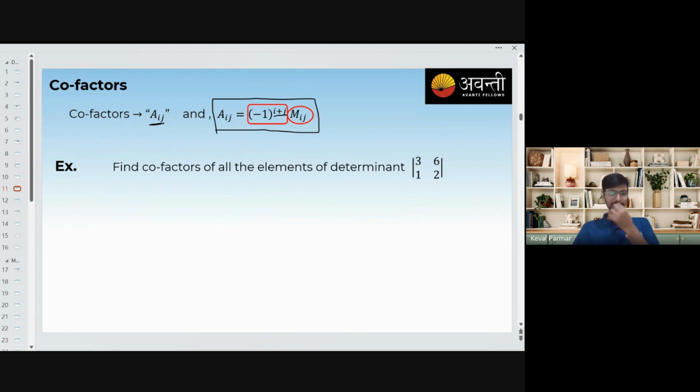So basically, the absolute values of minor and cofactor, meaning without sign, will be equal. They can just differ by being either minus or plus. Okay. So before finding cofactor, obviously we have to find the minors. Now here also there are 4 elements, so there will be 4 minors.